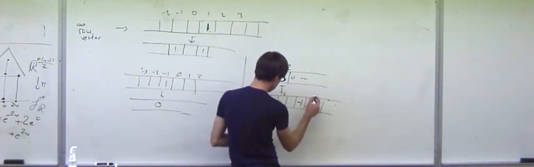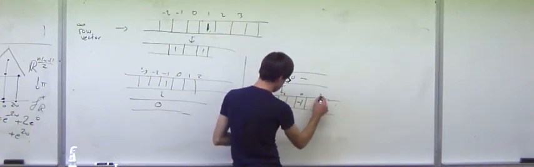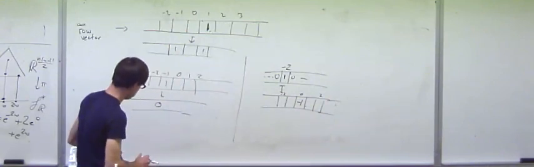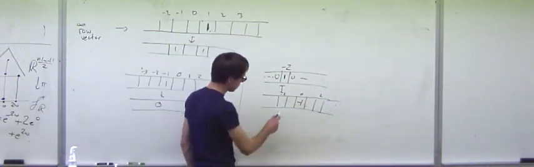So -2, 0, 2. This would produce a -1 here.